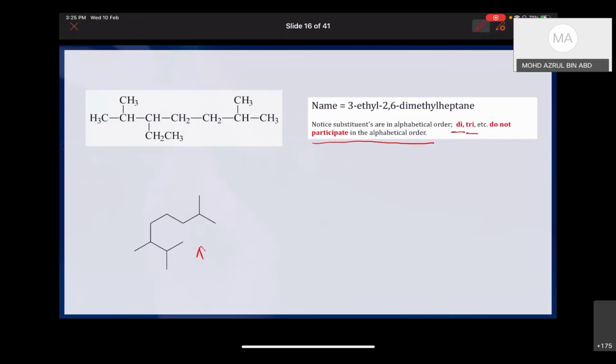Okay, why don't you try this one? What is the name of this compound? You guys can try. Okay, so what is the name of this compound?